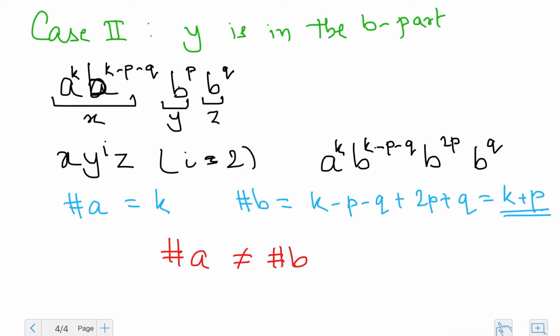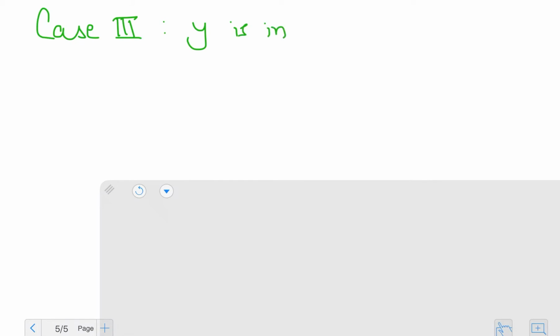And I do have a third case as well, which is that y is in the a and b part. So case 3 is y is in a and b part. This case is actually even simpler than the other ones.